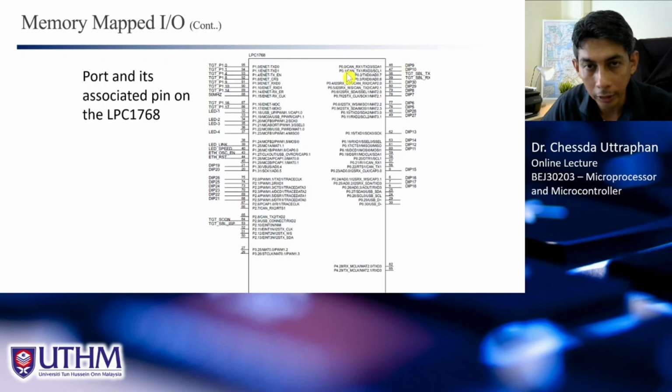What about bit number 1? This is port 0, bit number 1, then 2, 3, 4. But here it is not represented in bytes, it is represented in 32 bits.